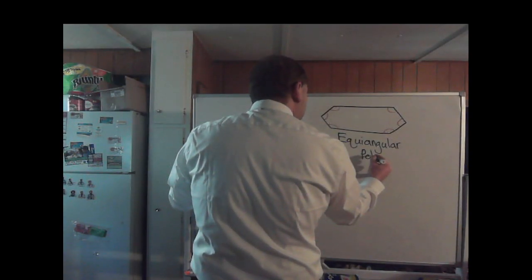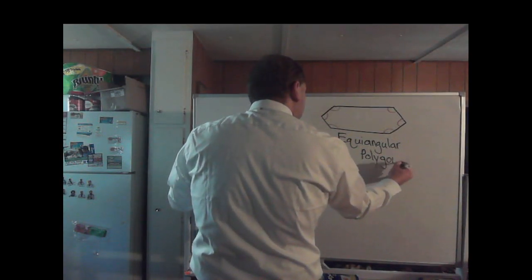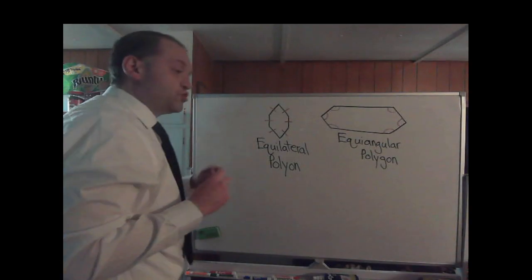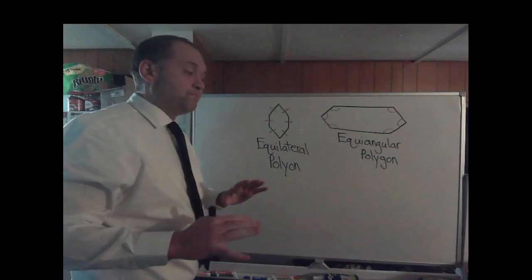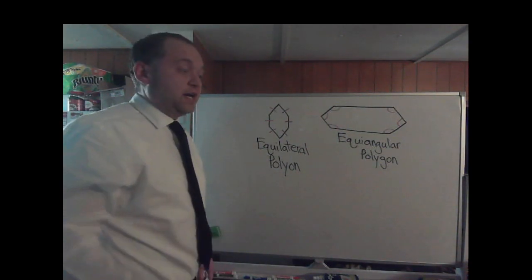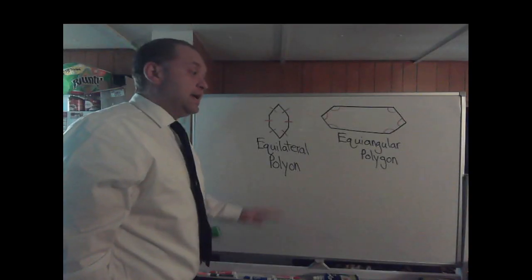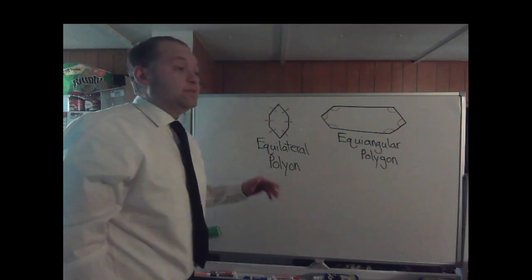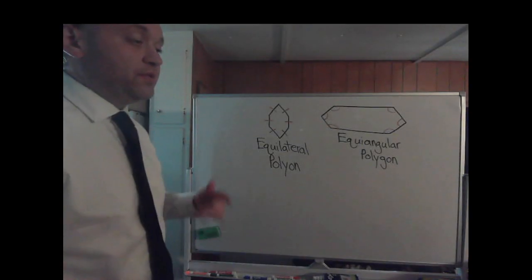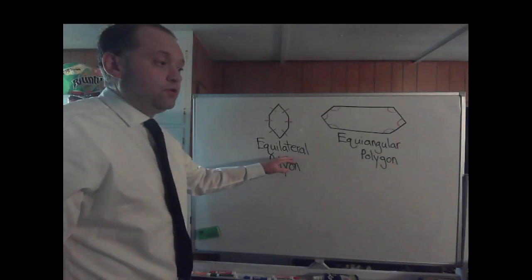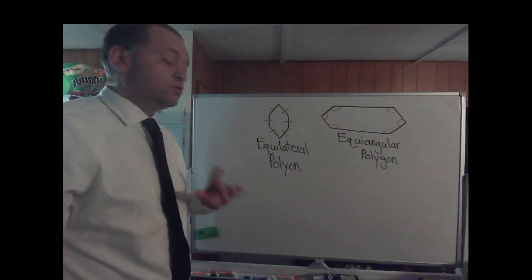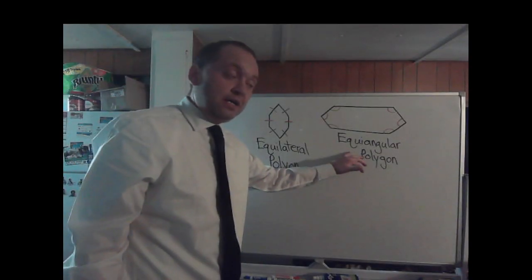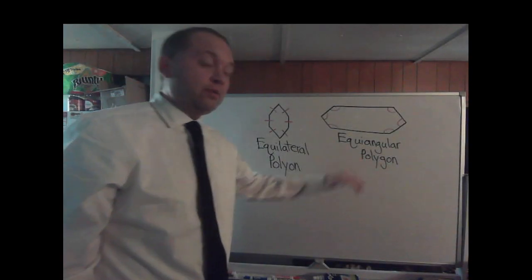So remember yesterday when we talked about triangles? With triangles, and only with triangles, this is true in all cases: every single equilateral triangle is also equiangular, based on that corollary we learned yesterday.